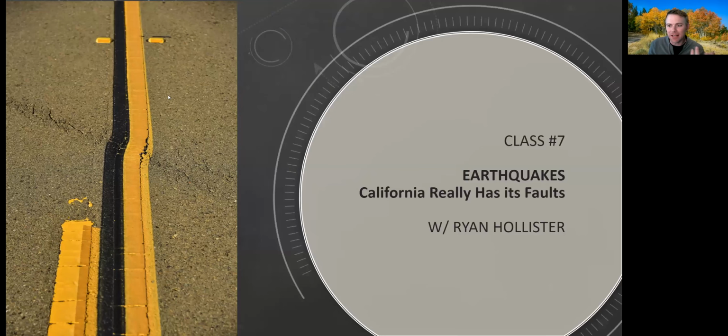So here's what we're going to be looking at today. We are going to be talking about earthquakes. Looking at earthquakes is kind of like part one. And what we're going to be talking about here today is trying to identify some of these different faults, trying to figure out how they're made and how we can kind of triangulate where we can find their position in the world, finding their epicenter basically.